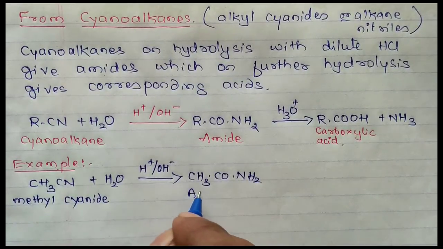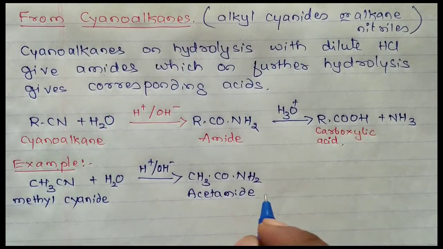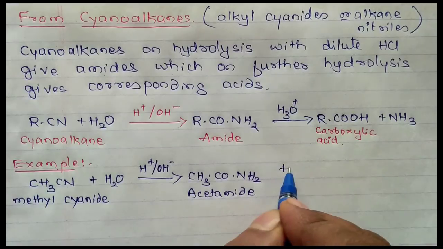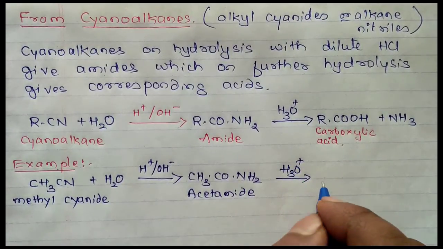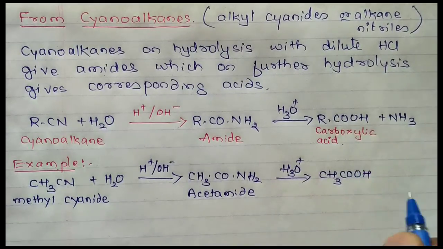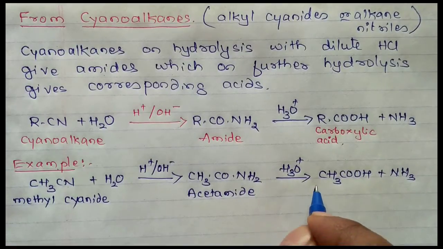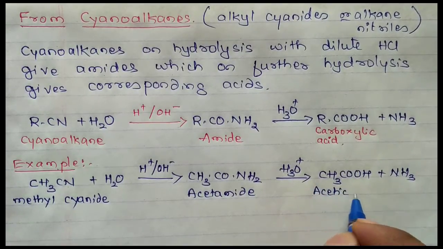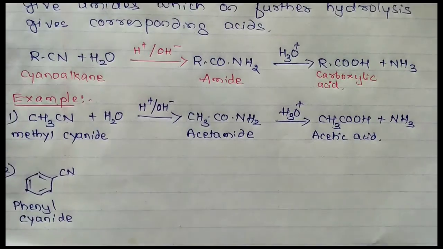This is acetamide, which on further hydrolysis gives acetic acid, CH3COOH, plus NH3. This is the carboxylic acid, that is acetic acid. This is one example. Now we'll discuss one more example.